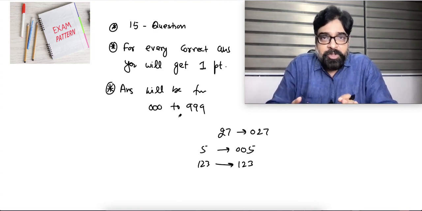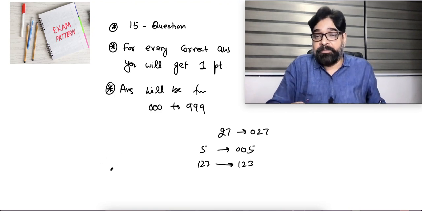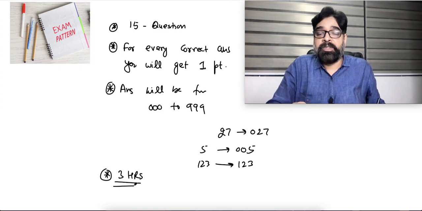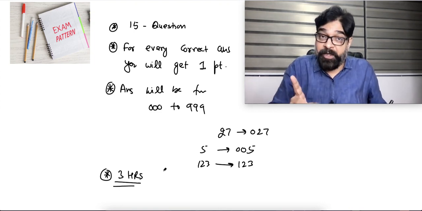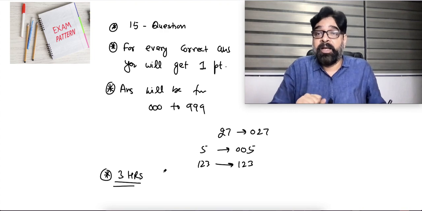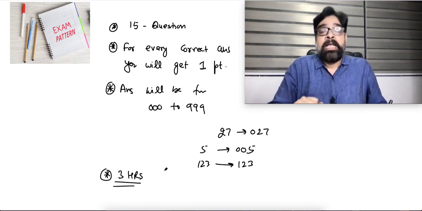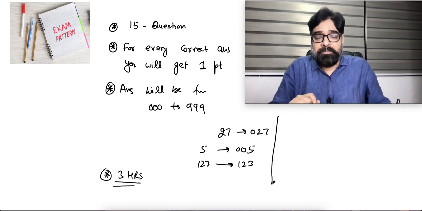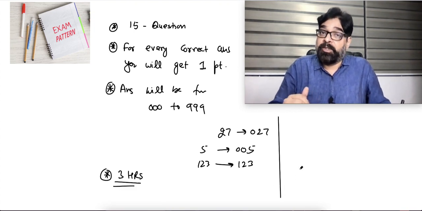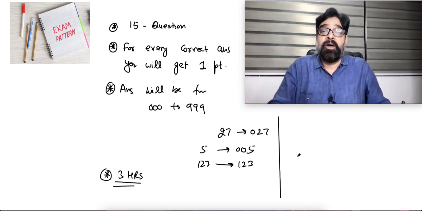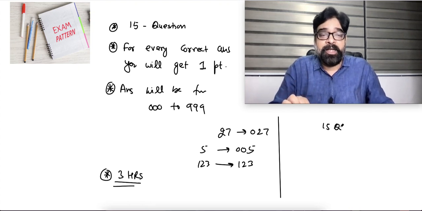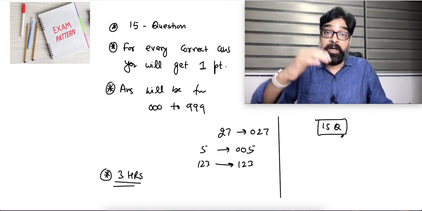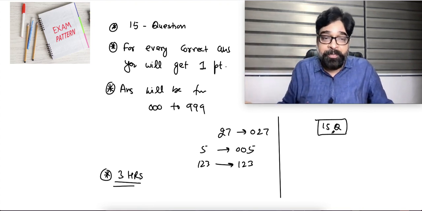So this is a 15-question, 3-hour paper. Generally there is no written work. In the 15 questions there will be 3 categories, according to what I analyzed in the papers.